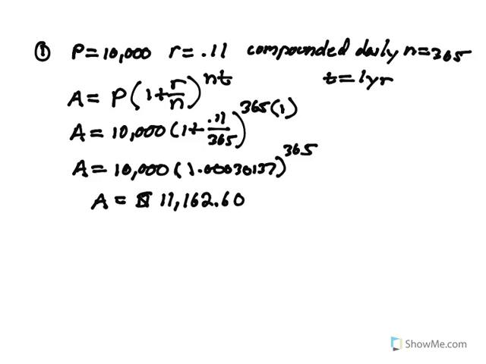Now we want to use the other rate. We want to find the amount due if the interest rate is 10.88% compounded continuously. Let's do that on the next slide. So now the principal is still 10,000.